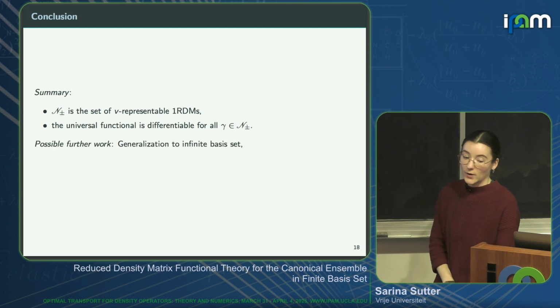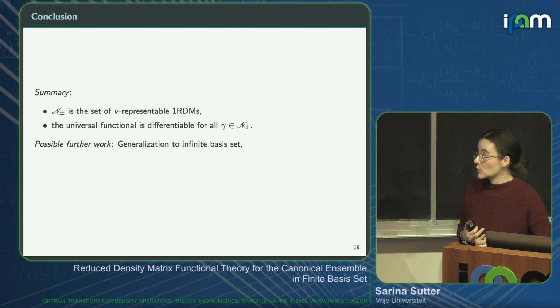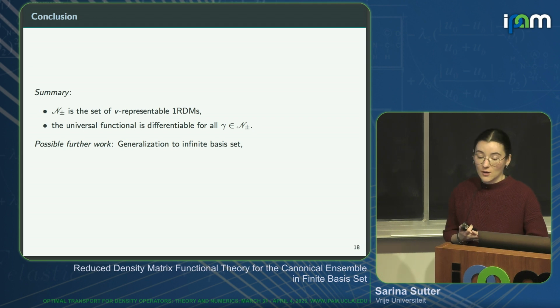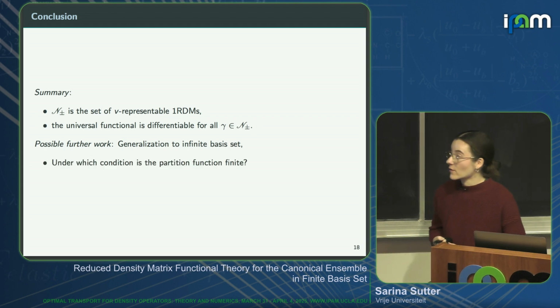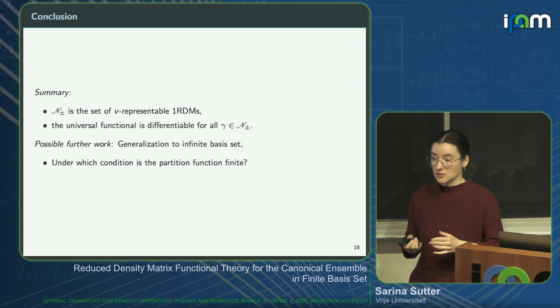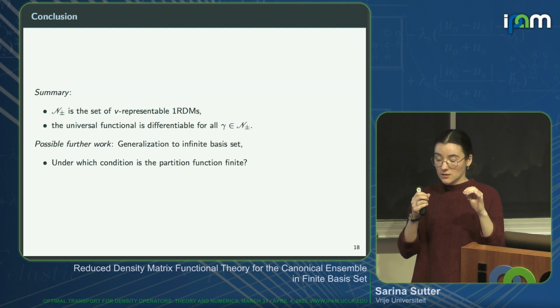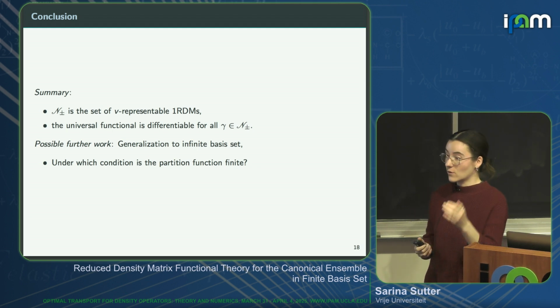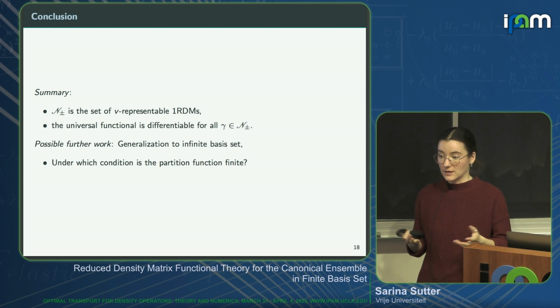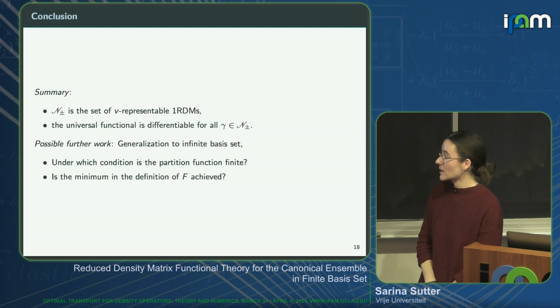Possible further work would be to generalize this to infinite basis sets, but there we have some additional questions. For example, under which condition is the partition function finite? The partition function is the normalization in the Gibbs state, and of course, if we sum over infinite states, then we need to know that we actually get something finite.